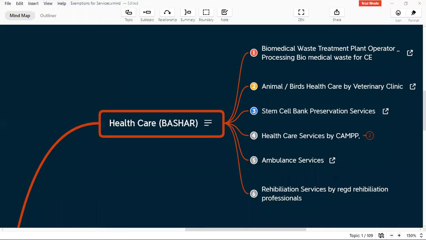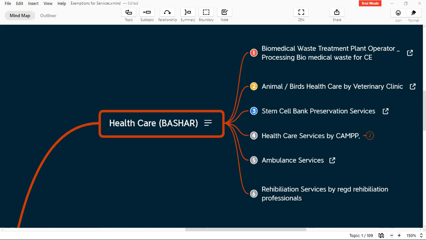So B is biomedical waste treatment plant. A is quite simple, animal health care. So birds and animal health care by a veterinary clinic is A. And S represents stem cell bank. Nowadays, once the child is born, you have the umbilical cord, and from the umbilical cord they extract stem cells. These stem cells will be stored for about 21 plus years.